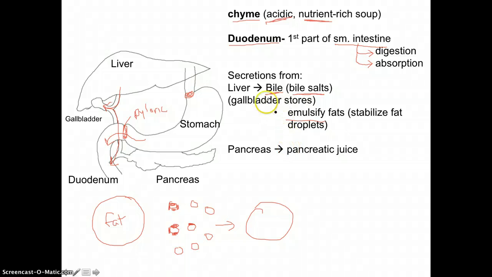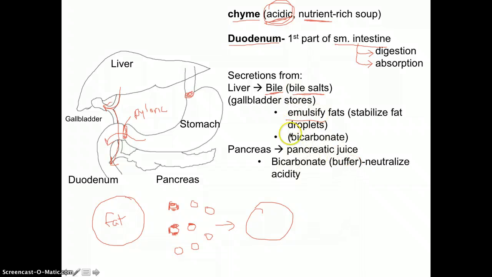So then in both bile and pancreatic juice, we have components that can take care of the acid from the chyme. Mainly this is bicarbonate, which is a really common buffer in your body. And that actually is present in both of these, even though your book doesn't really talk about the bicarbonate in bile.